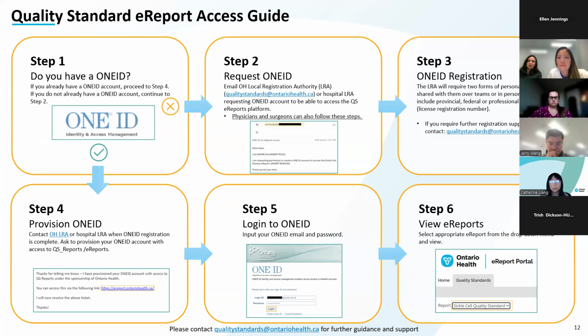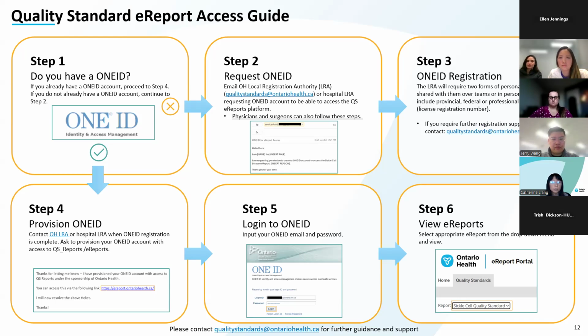So you need to email a local registration authority, and the email is on the screen there, or your hospital local registration authority to request the OneID account. And then you'll need to register using some pieces of ID.